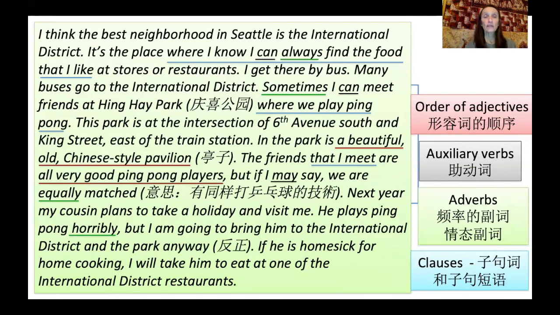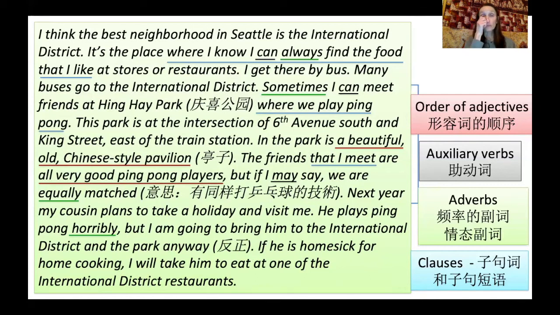Next year, my cousin plans to take a holiday and visit me. He plays ping pong horribly, but I am going to bring him to the International District and the park anyway. If he is homesick for home cooking, I will take him to eat at one of the International District restaurants.